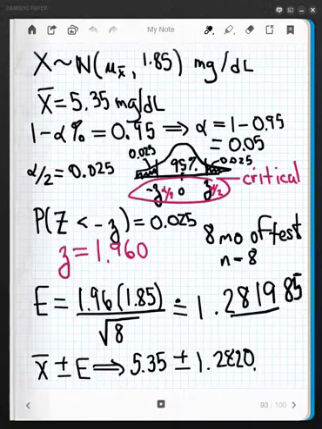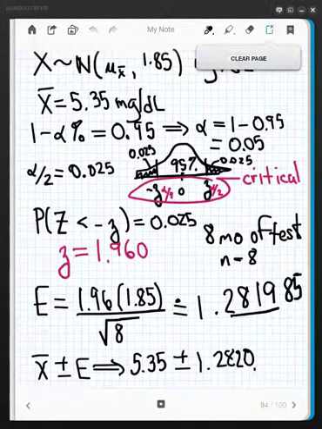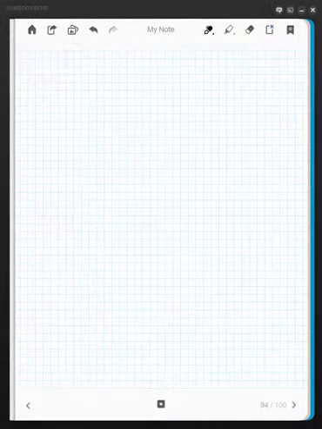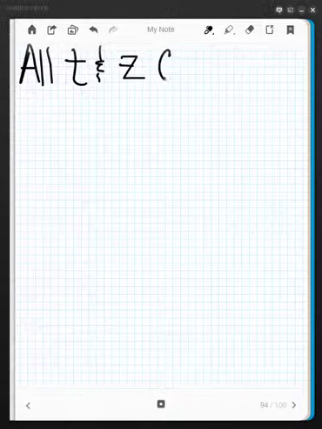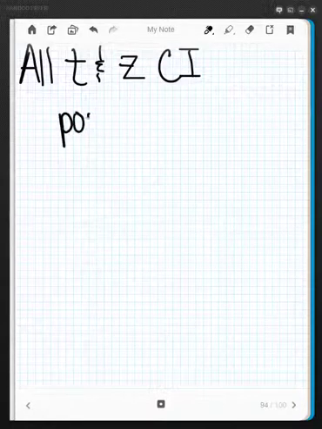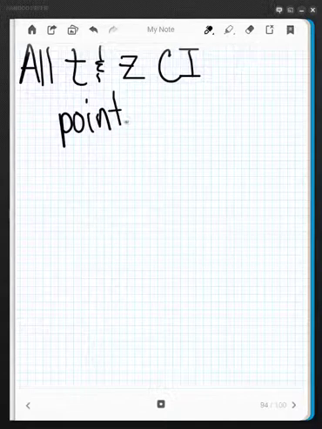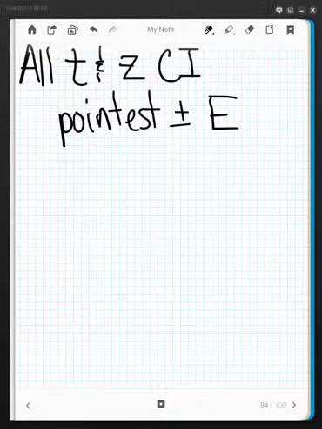So I'm going to write that out in yet one more different way here. All T and Z confidence intervals look like whatever our point estimate is, plus or minus a margin of error.